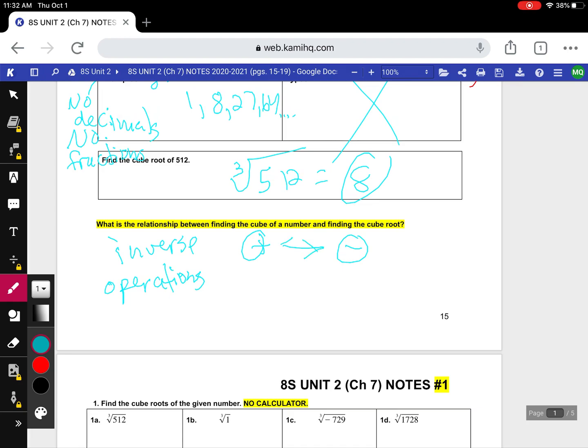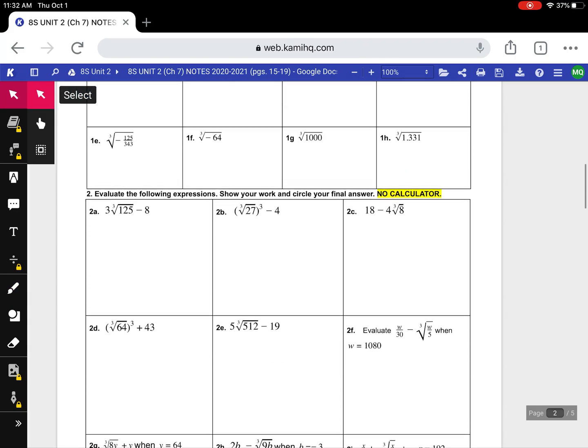We know addition and subtraction are inverse operations. We know multiplication and division are inverse operations. We've got square root and square, if you square something. So that's like an exponent. And we have the cube root, and if something is cubed. Okay, those are all inverse operations. That's how you undo them.